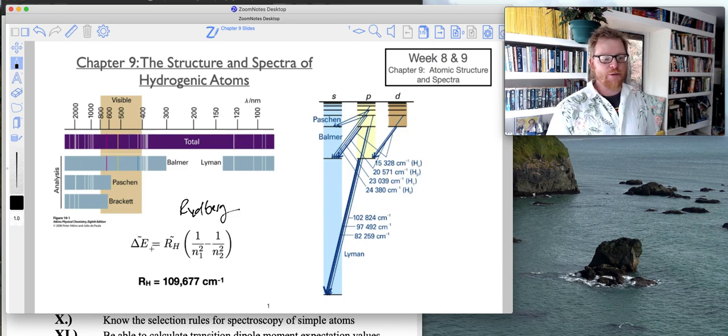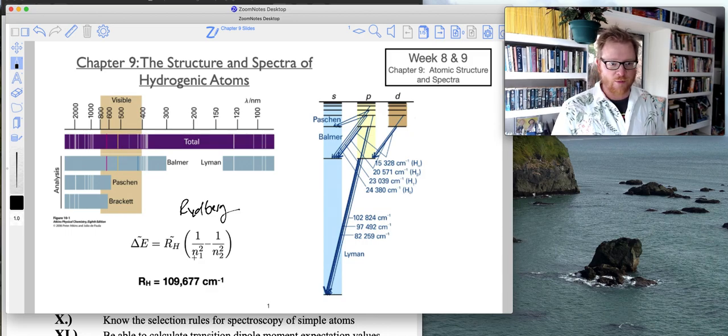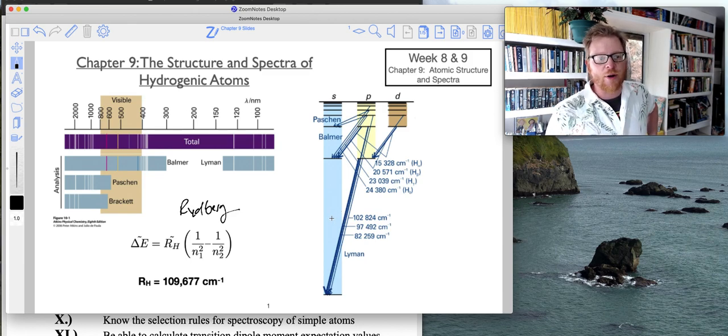The difference in energy levels for a given value of n, the principal quantum number n, can be calculated. Here's the Rydberg constant in terms of wave numbers, but we could turn that Rydberg constant into joules or frequency, whatever we want. I'm not so concerned with you memorizing all of these various regions of the spectrum.